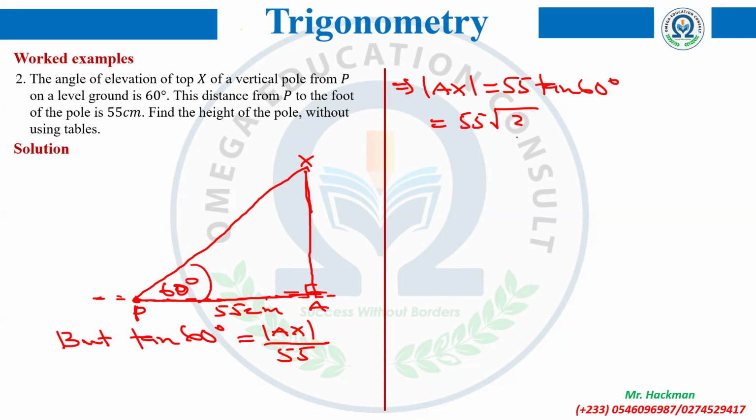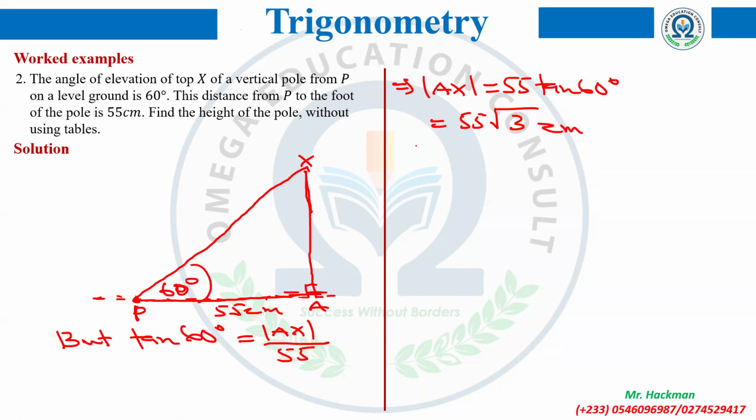Okay, so at this point, you end here. Don't take it to decimal. If you're able to give me the decimal representation of this without using a calculator, that's not to say you cannot, you should. But it gives us a hint that you used your calculator or tables. So in this case, you end here, you indicate your unit, which will be centimeters. Then you go and draw your conclusion.